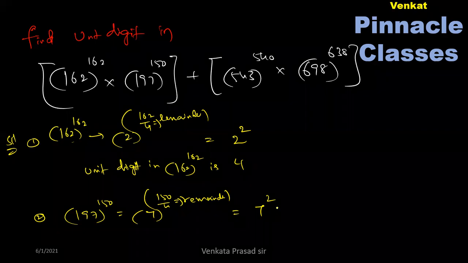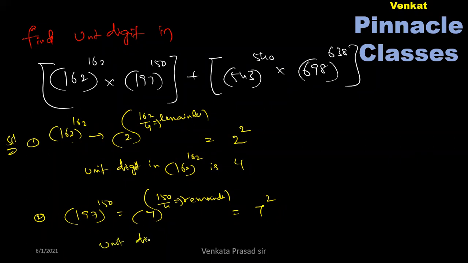So 7 square is 49, and the unit digit is 9.